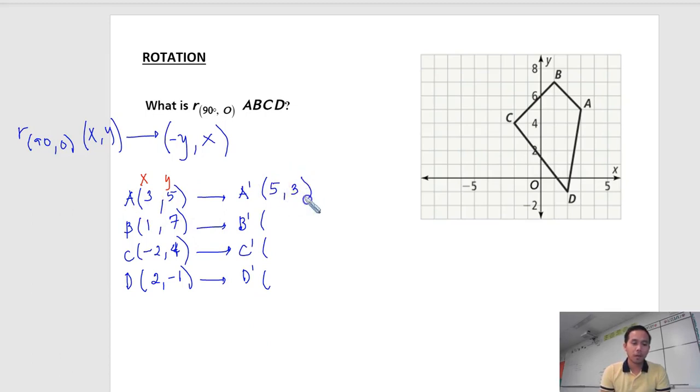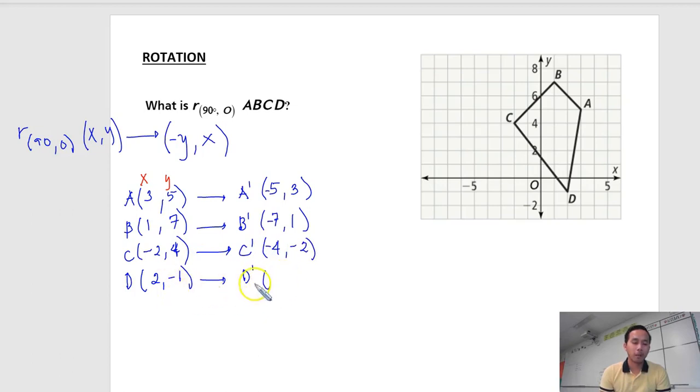And it says there that I have to get the opposite of my y, because 5 is positive, so this will become negative. Next we have 7, 1. I'll flip that. And 7 is positive on the original, on the pre-image, so I'll put negative 7. Then here we have 4, negative 2, and I have to get the opposite of positive 4, that's negative 4.